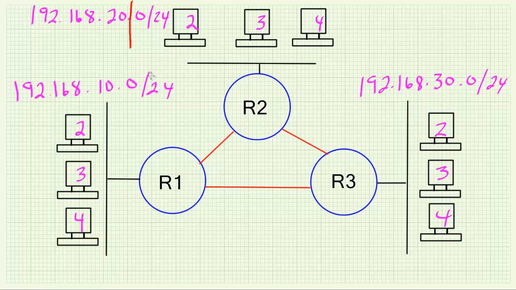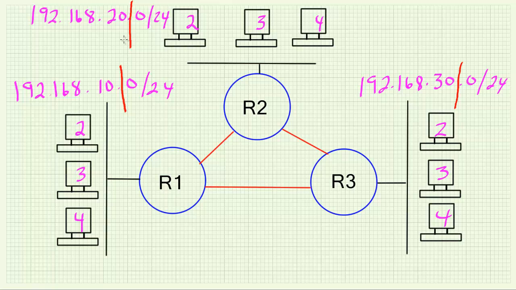Let me do that also. That was for location 2 up here at the top. Let me go down and do the same thing for location 1 right here. There is the dividing line between the 3rd and the 4th octet. It's also a /24. And we have the same thing going on over here with location 3. The dividing line is right there. 24 bits over from the left, all of that represents network, and these last 8 bits represent host.